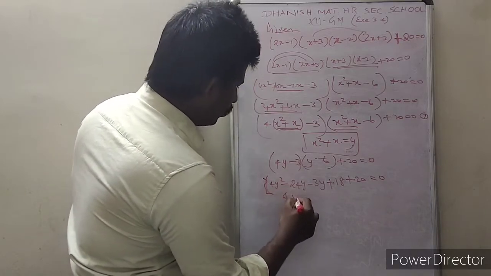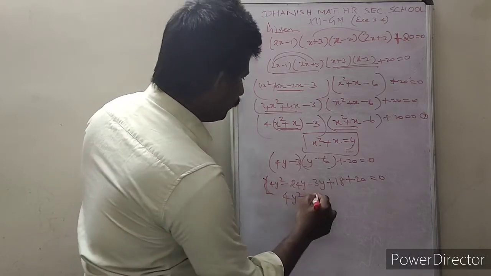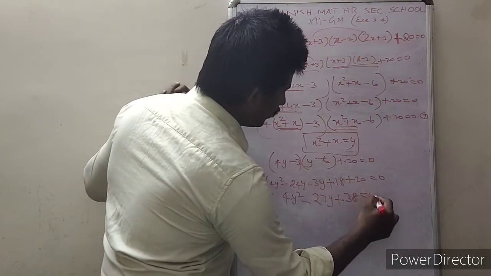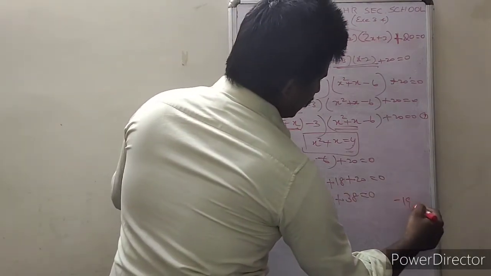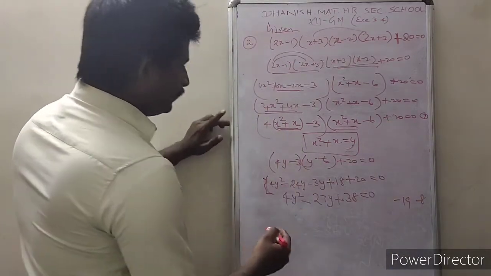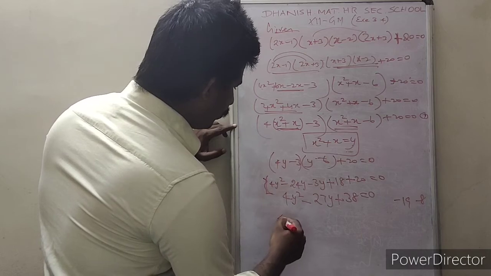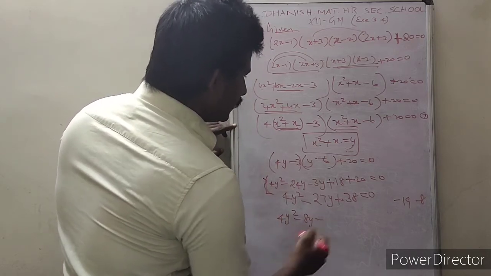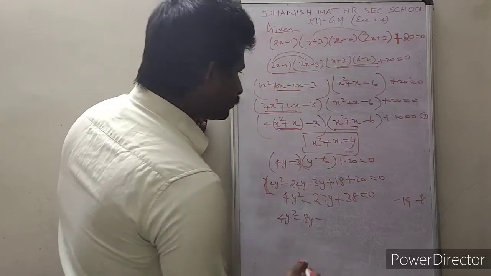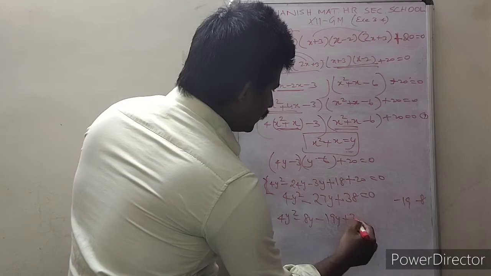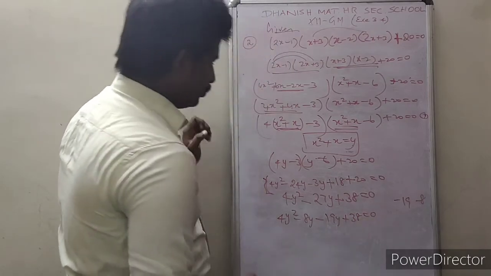So the next step, 4y square, here we will have minus 27y plus 38 equal to 0. So what will happen? 4y square minus 8y minus 19y plus 38 equal to 0.